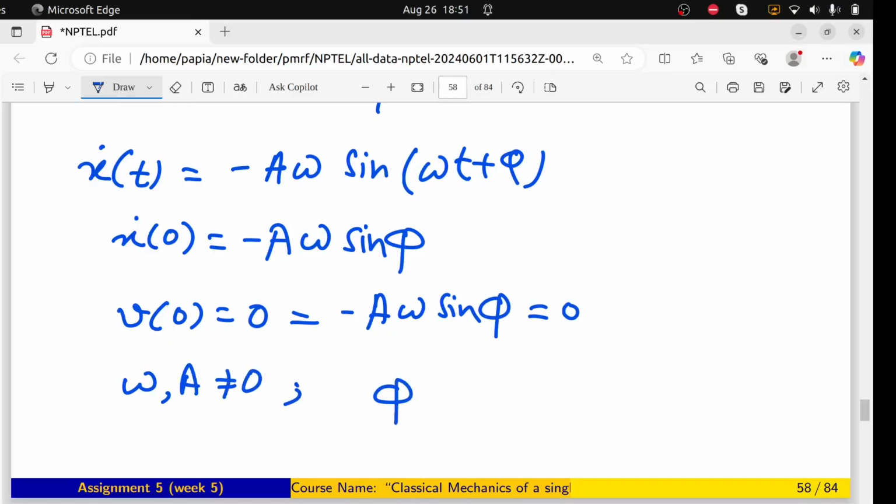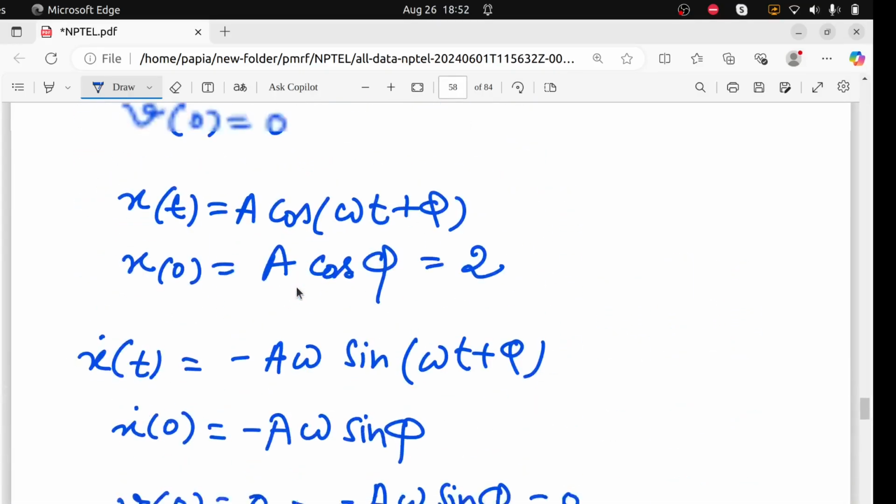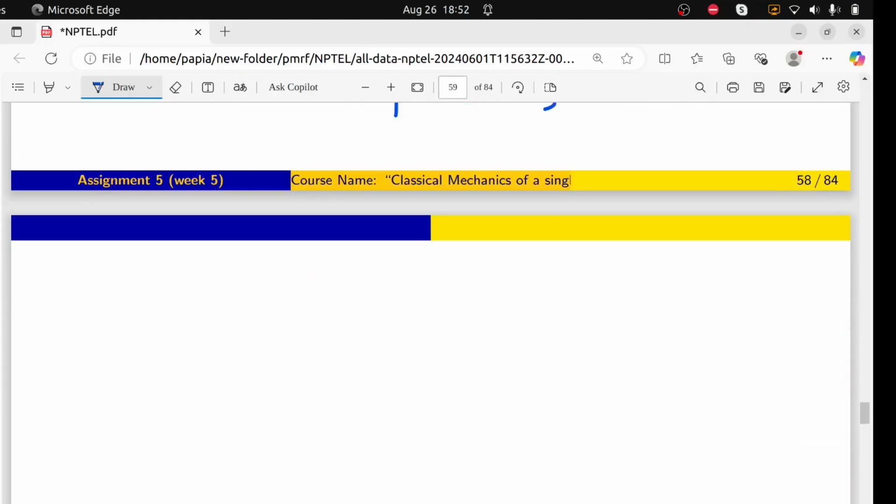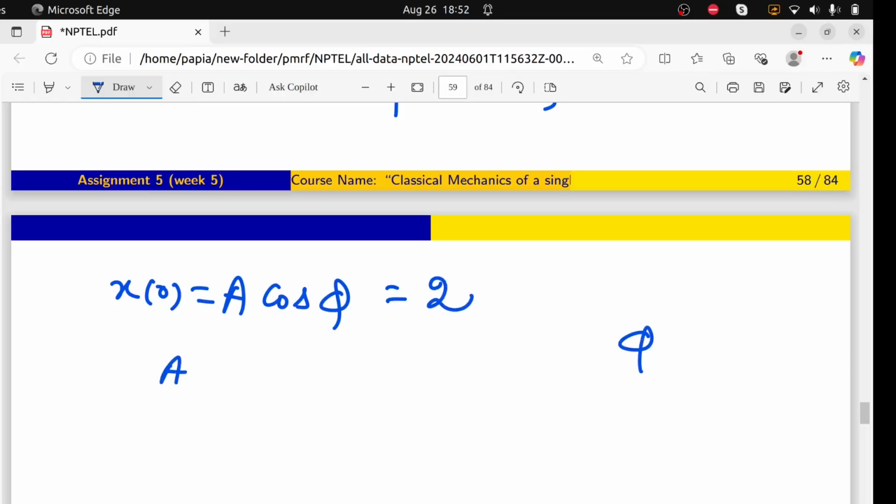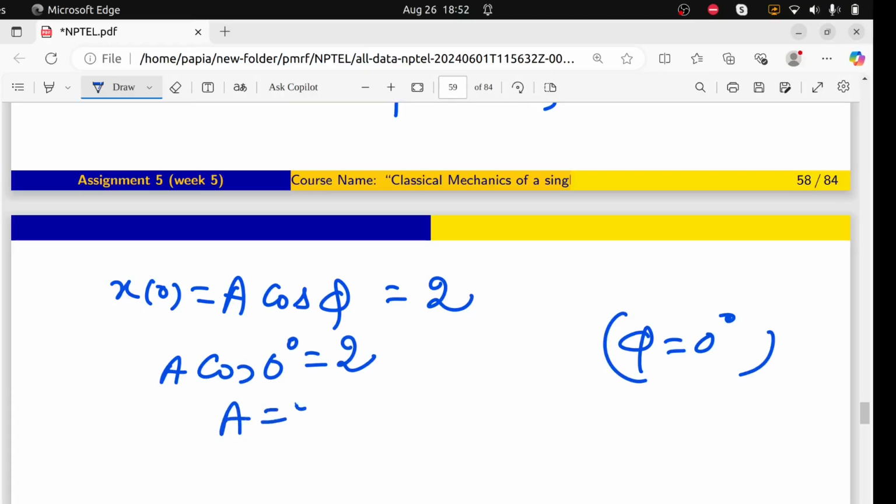That means phi is 0 degrees, so that sin phi equals 0. Okay, very good. Now x0 is A cos phi equals 2, and phi equals 0 degrees, so cos 0 degrees is 1 and A is 2.